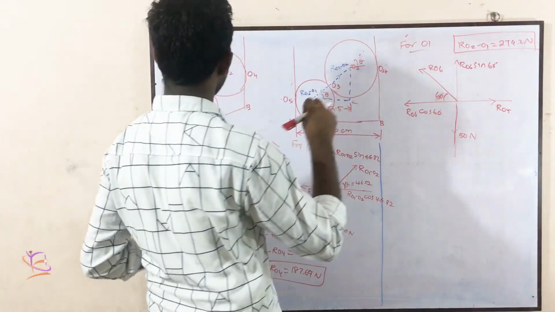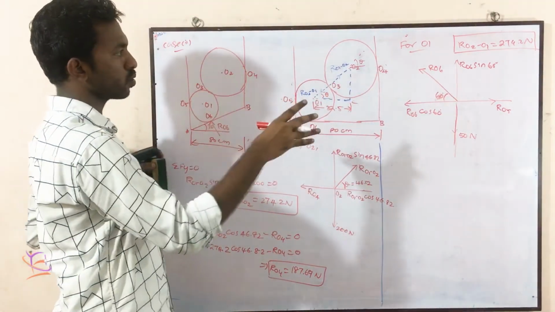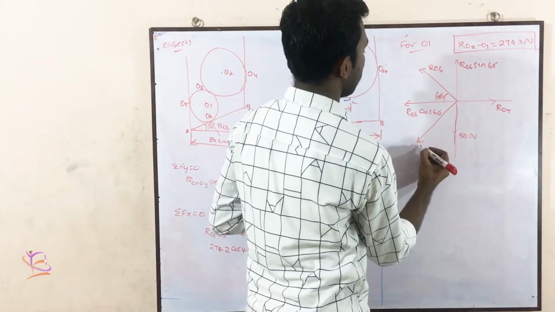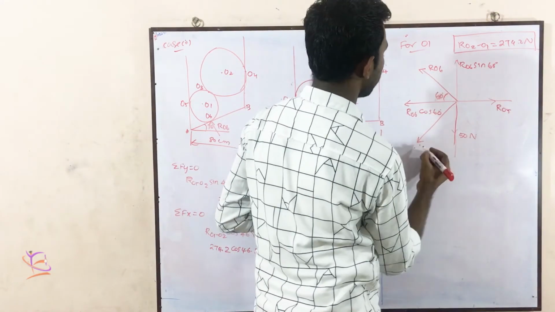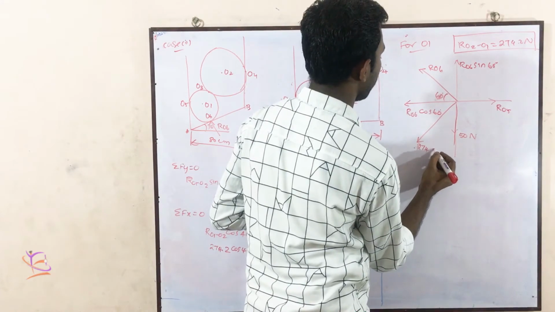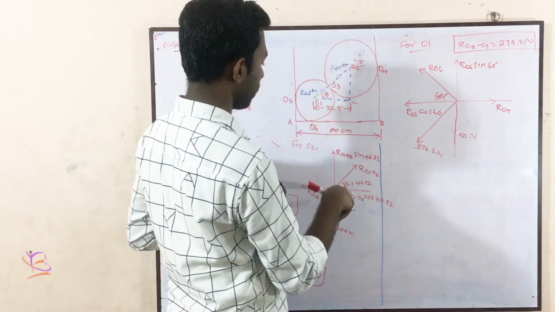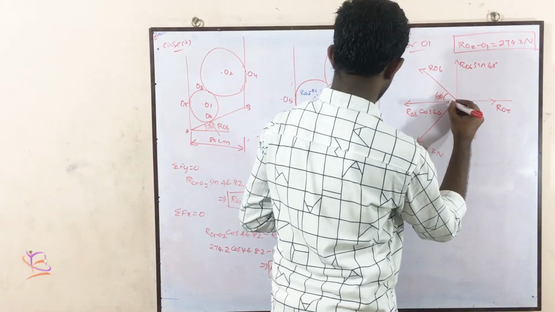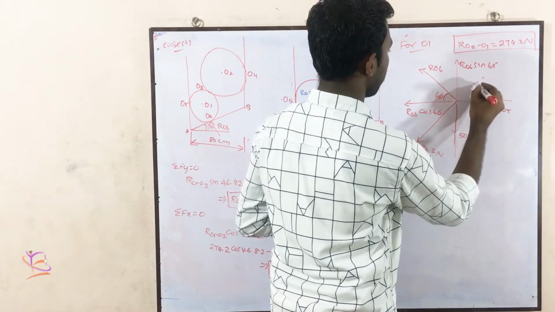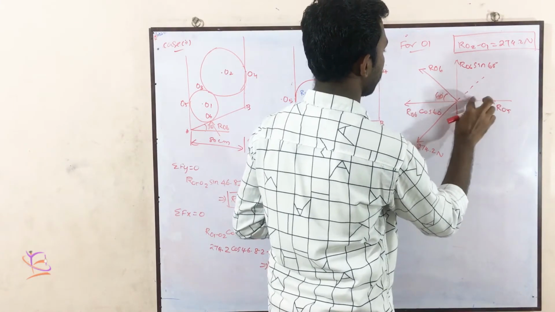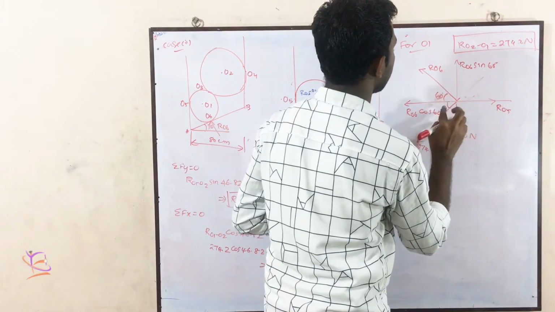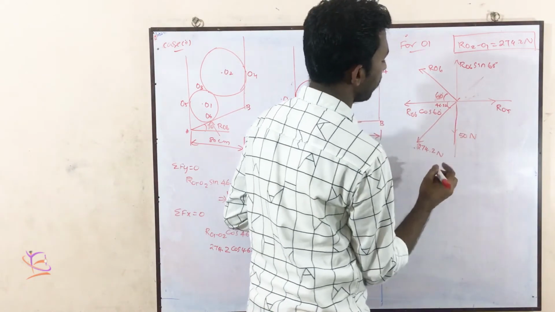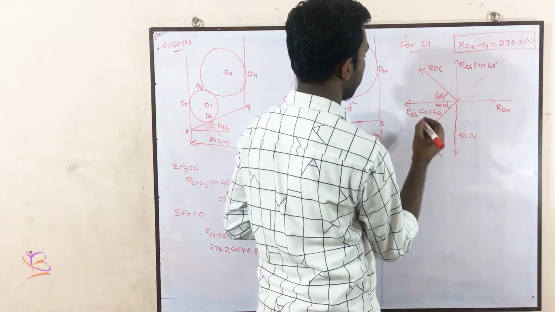Okay. Now another contact is here. That is also the same. This one, R O2 O1. The value you can substitute: 274.2 Newton. Already we have calculated the inclination, 46.52. So that angle will be here. Resolving, this will be the vertical direction.